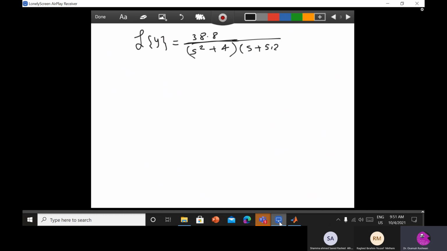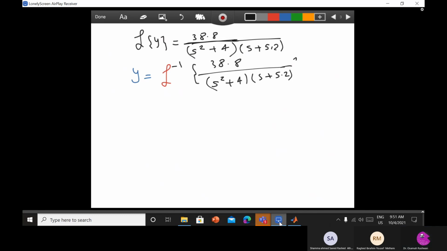How to find y? Yes, y will be Laplace inverse. For what? For what I have on the other side: 38.8 over s squared plus 4 times s plus 5.2.